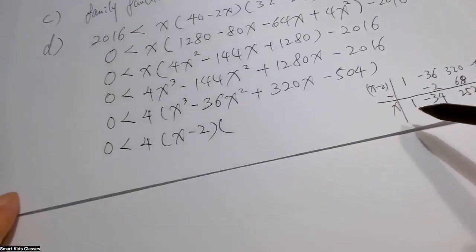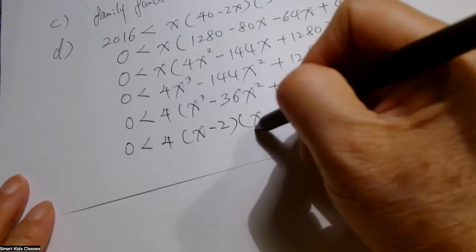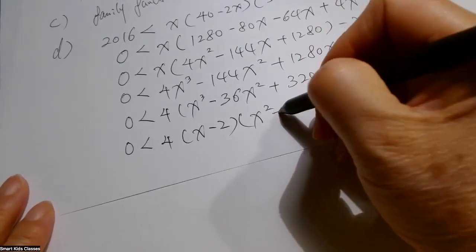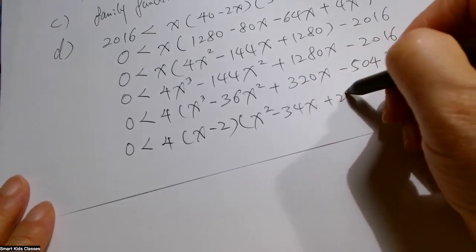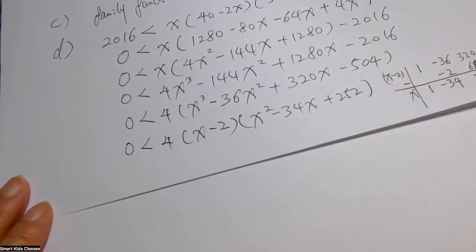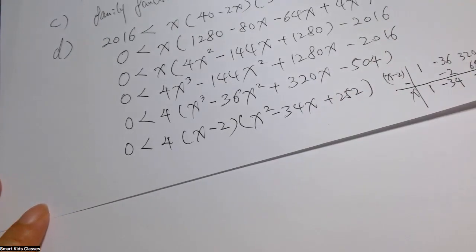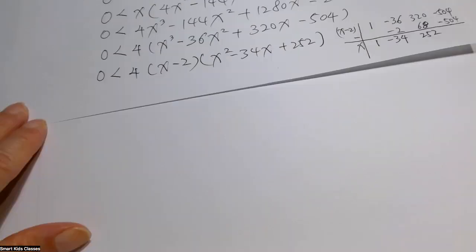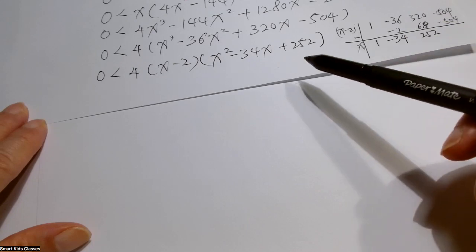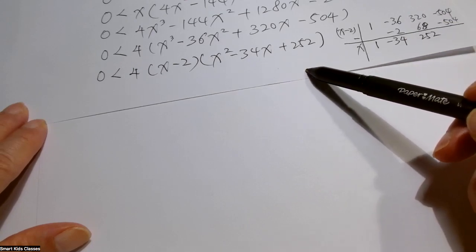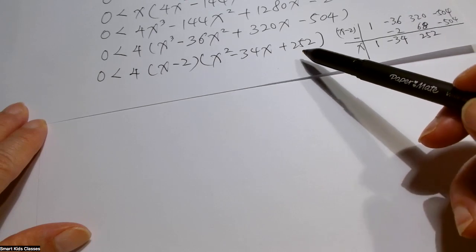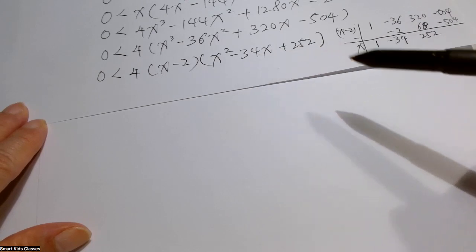So we write the equation here: x exponent 2 minus 34x plus 252. So the equation now becomes a quadratic. We are going to use the quadratic formula to find this x value.